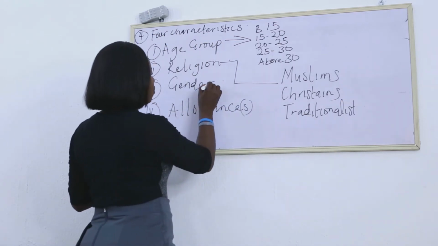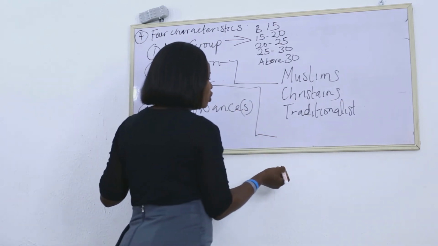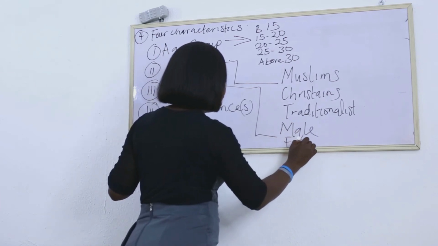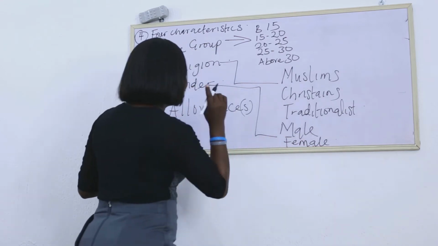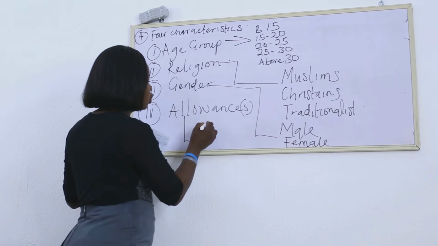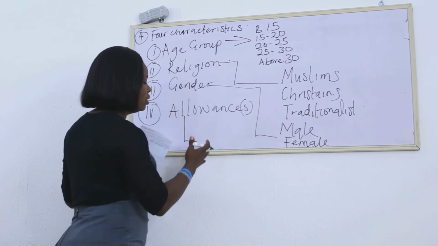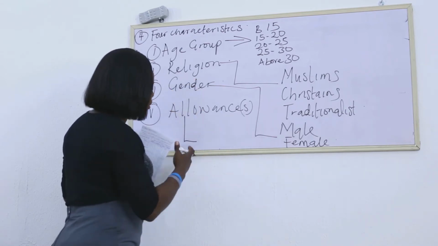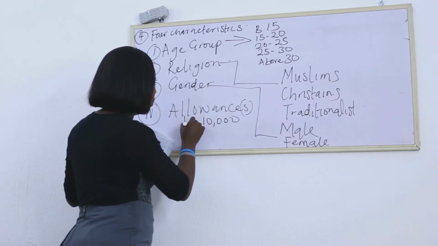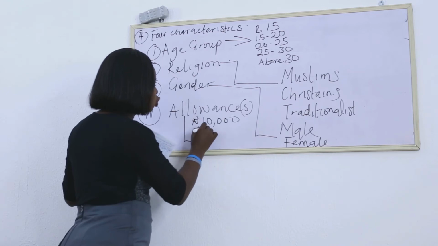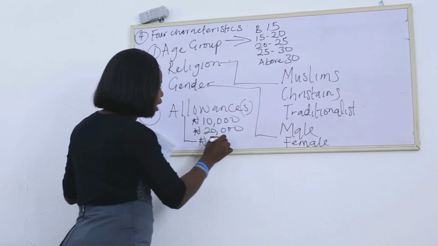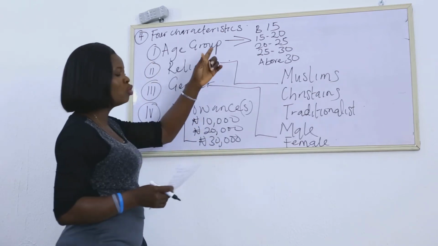Then for gender, the student can either be a male or what? Female. Then the allowances, like we described earlier, each student is entitled to three methods of allowance. The first one is 10,000 naira per month. The second one is 20,000 per month, while the third one is 30,000 per month. Any student can fall into any of these categories.